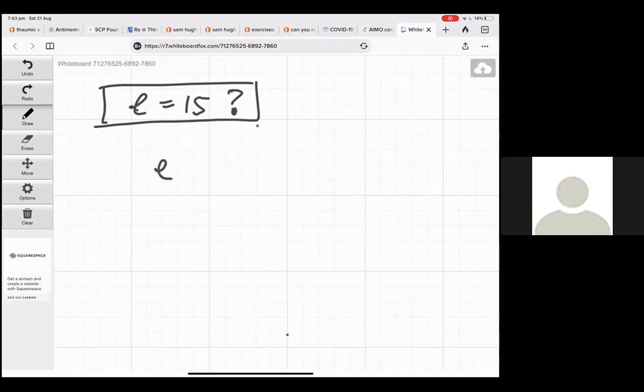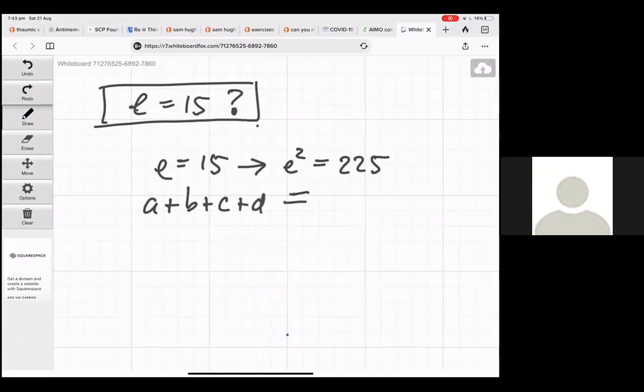E equals 15 means that E squared is equal to 225. And that means A plus B plus C plus D has to be equal to 40 minus 15, just from that first equation, which is 25.